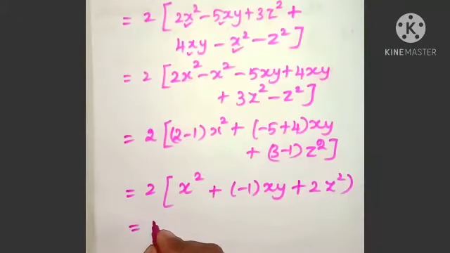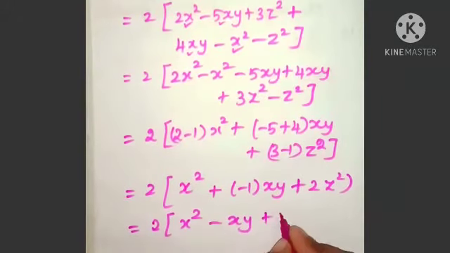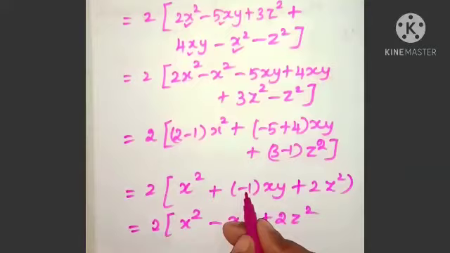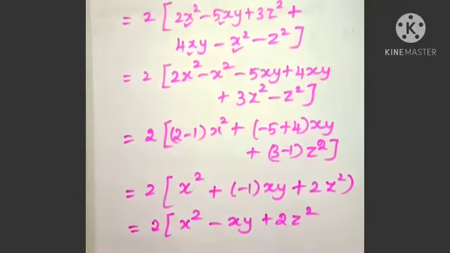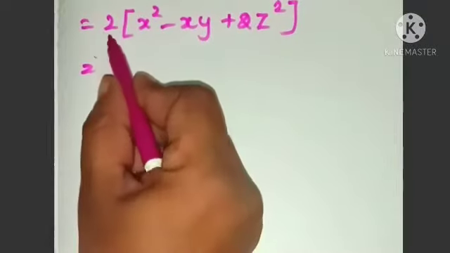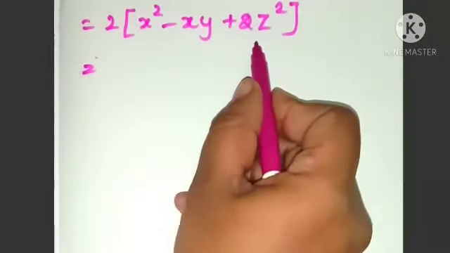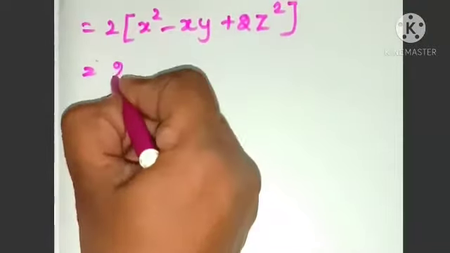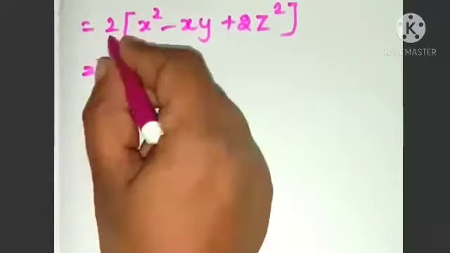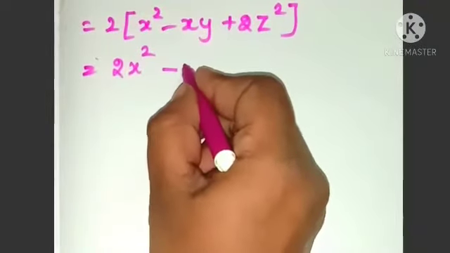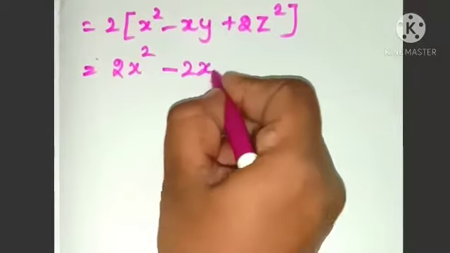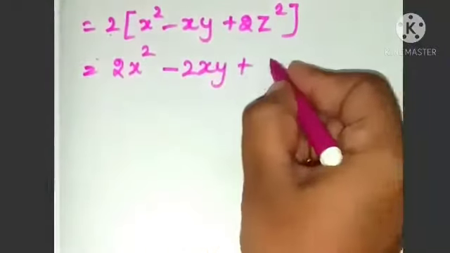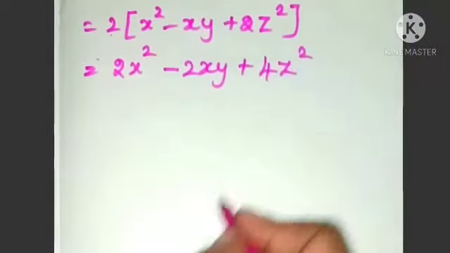Now we can write it as 2 into (x squared minus xy plus 2z squared). Students, multiplying 2 with the terms inside the bracket we get 2x squared, 2 into minus xy is minus 2xy, plus 2 into 2 is 4z squared.